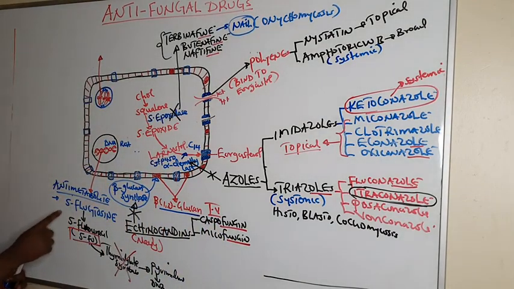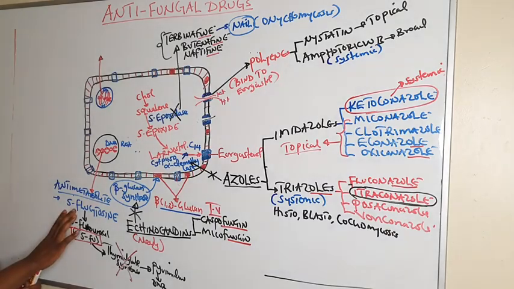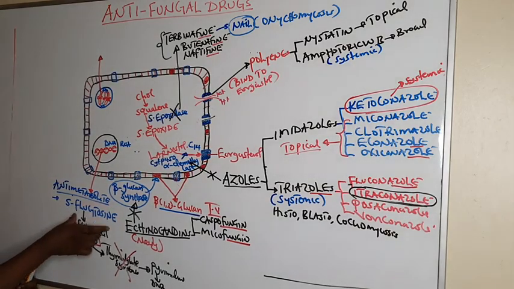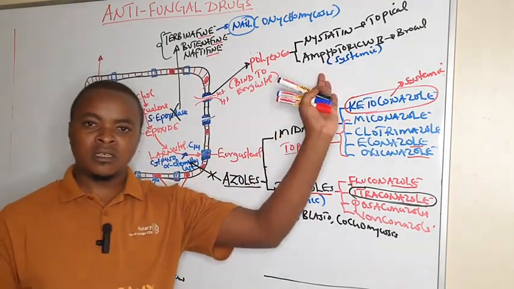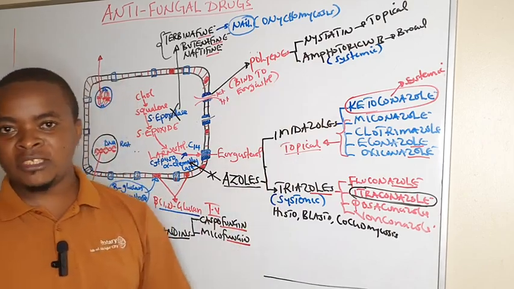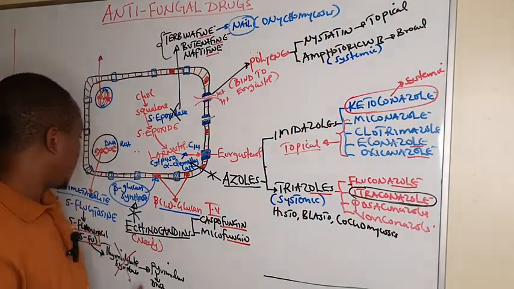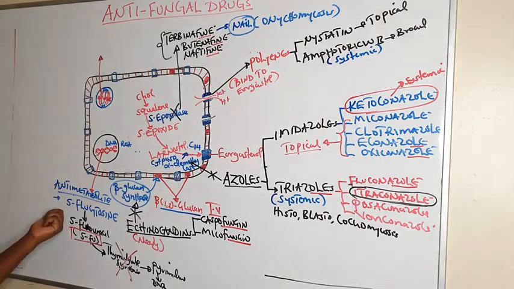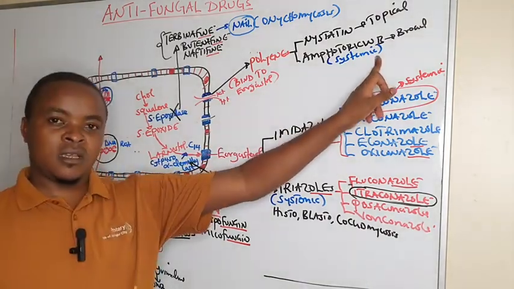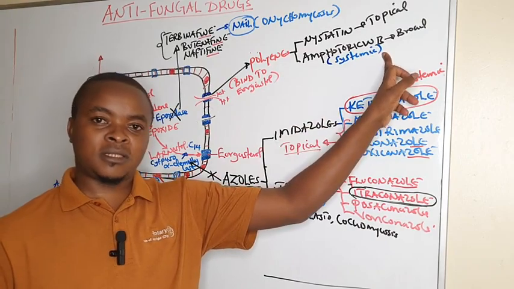And this drug, we shall see its major side effects, and it is used in combination with amphotericin B in treating cryptococcal meningitis, because 5-flucytosine can cross the blood-brain barrier, whereas amphotericin B cannot cross the CNS.